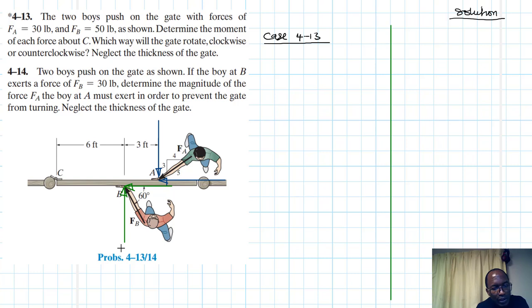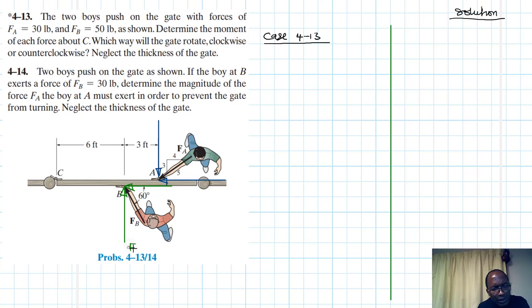Okay, so now what do we have? This one here we are going to call Fb. Let me just write it as Fb, because there are two problems here.